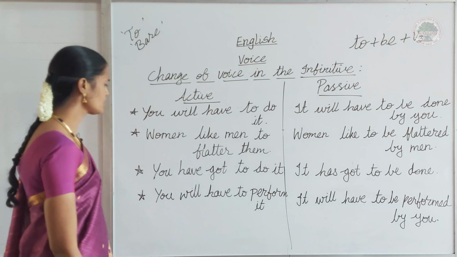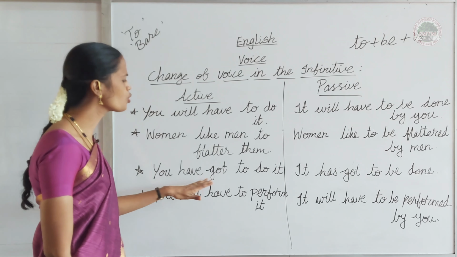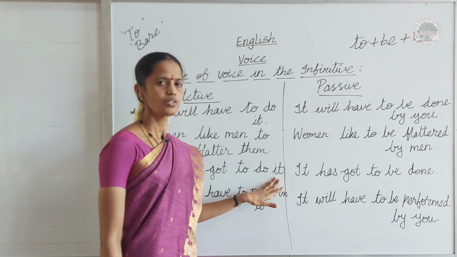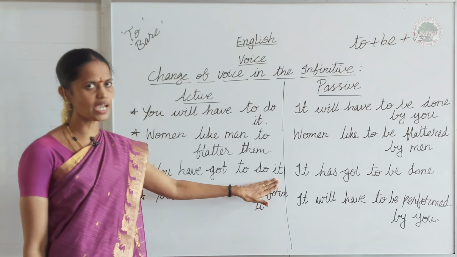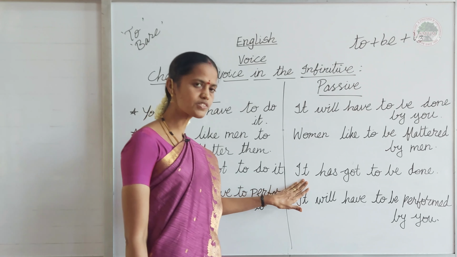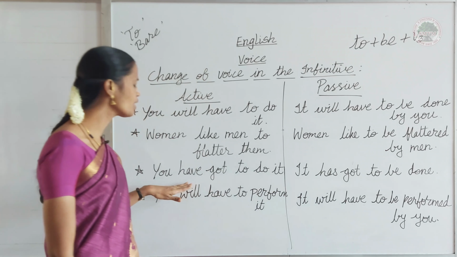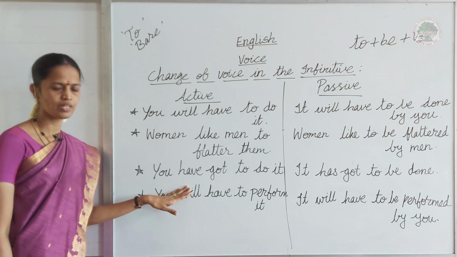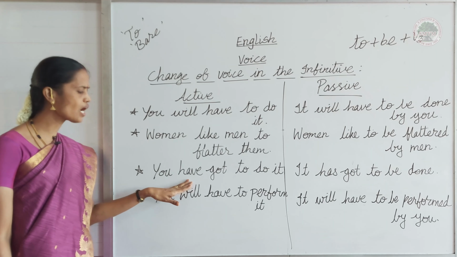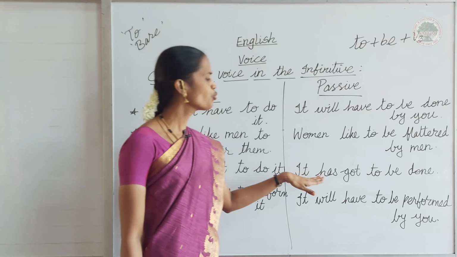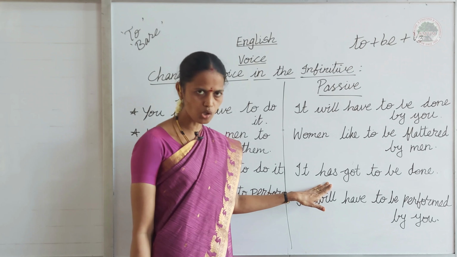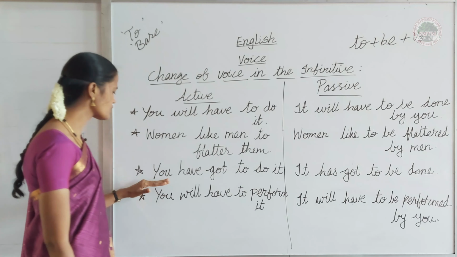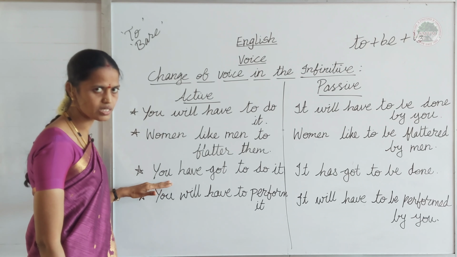Okay. Then the third one: "You have got to do it." So this "it" is the object. We brought it in the place of the subject. Then here the main verb is "have." While we are changing this "have" into passive voice, we have written it as "has." Why? Because here the subject is given in second person.